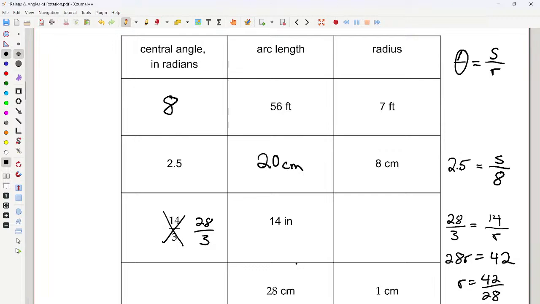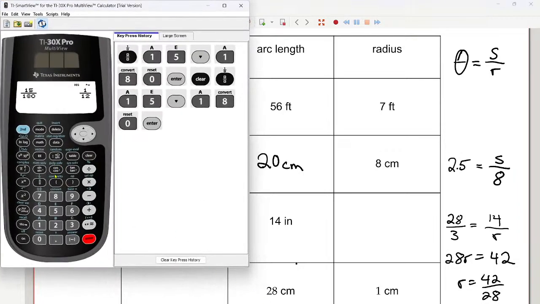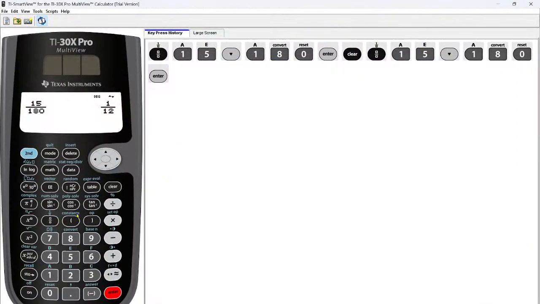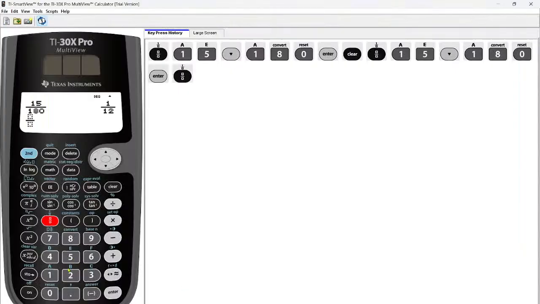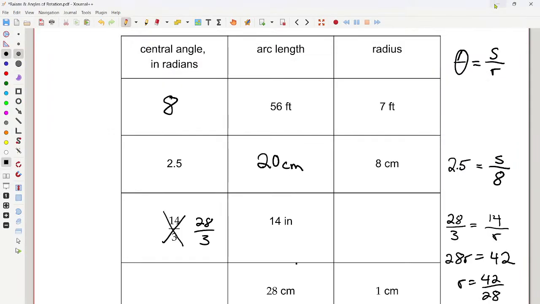Probably throw that in any calculator, even though I probably could simplify it in my head. 42 over 28 is three halves. Inches. So we'd have a 1.5 inch radius, which is definitely possible. So a little more excitement there, not much more.